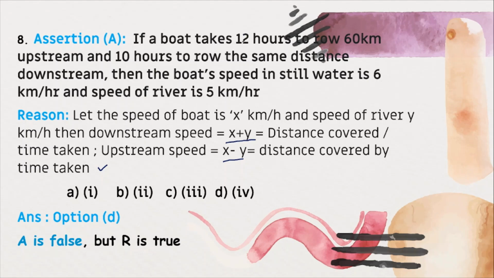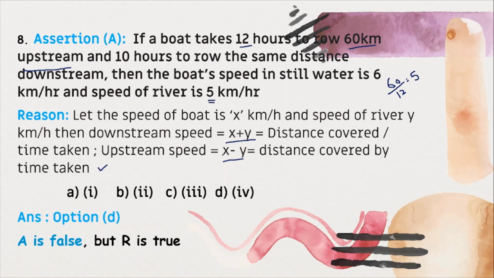When you go for the assertion, the first case is upstream, the distance is 60 and the time is 12. So distance 60 divided by time 12, you will get the upstream speed. 60 by 12 is 5. 5 is the upstream speed. Here the speed of the river is also given as 5.